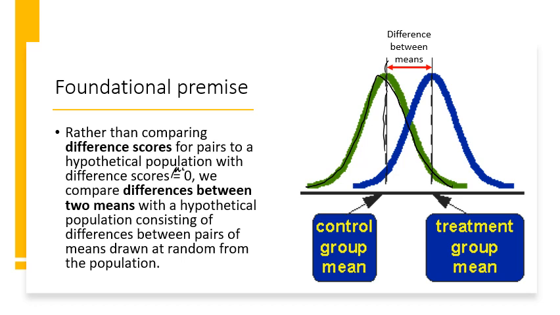Now we have a second sample, and that also has a mean. And it's this difference right here, the difference between these two means, which we're comparing to a comparison distribution with no difference between these two means.